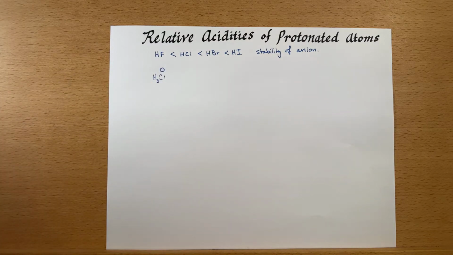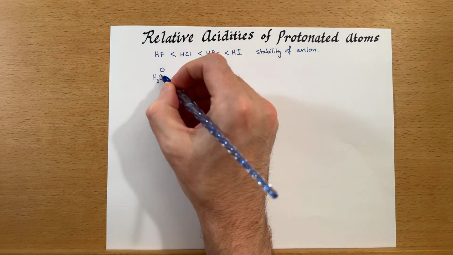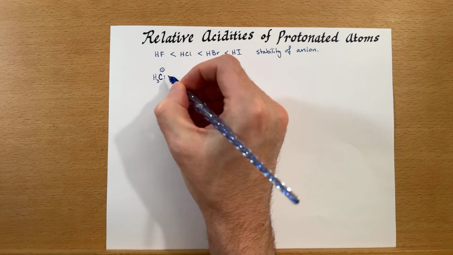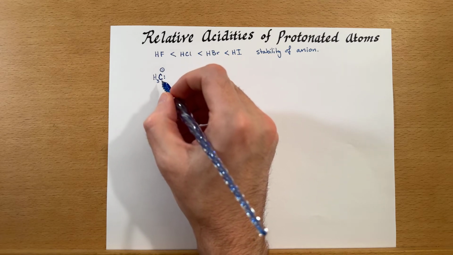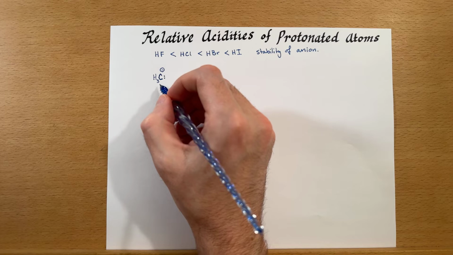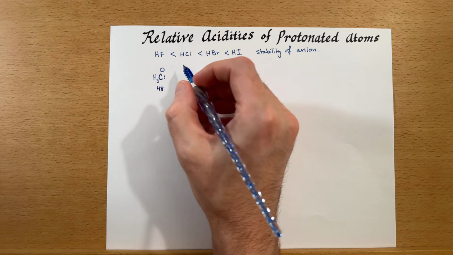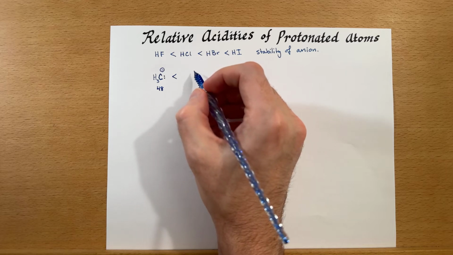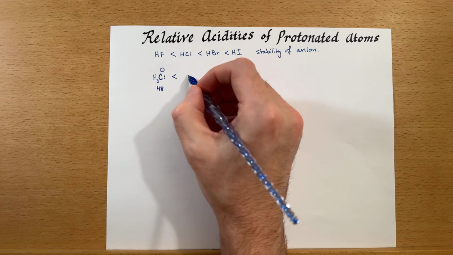So if we were to deprotonate methane, then we would have this anion. And that's pretty unstable. And the pKa for methane is reflective of that. It's about 48. And so that's less stable than the nitrogen species.